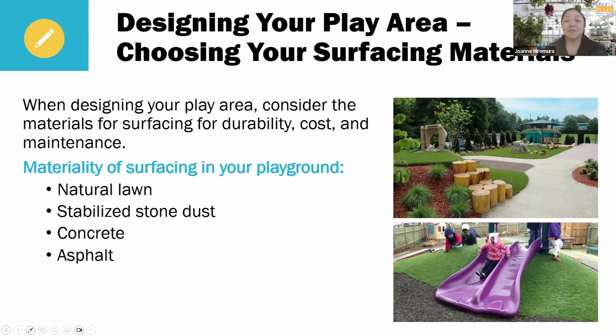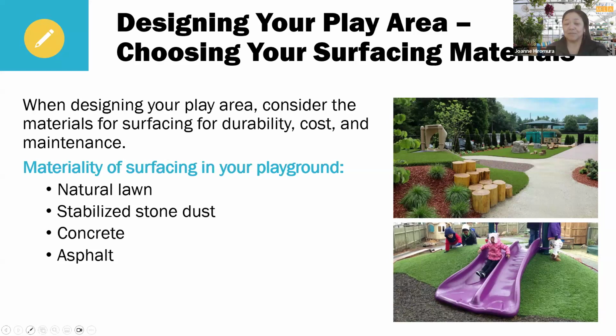Okay, so then in areas that aren't required to have playground safety surfacing, you'll have other choices in surfacing or pavement materials. So other surfacing could be natural lawn, stabilized stone dust, concrete or asphalt for paths or play courts.